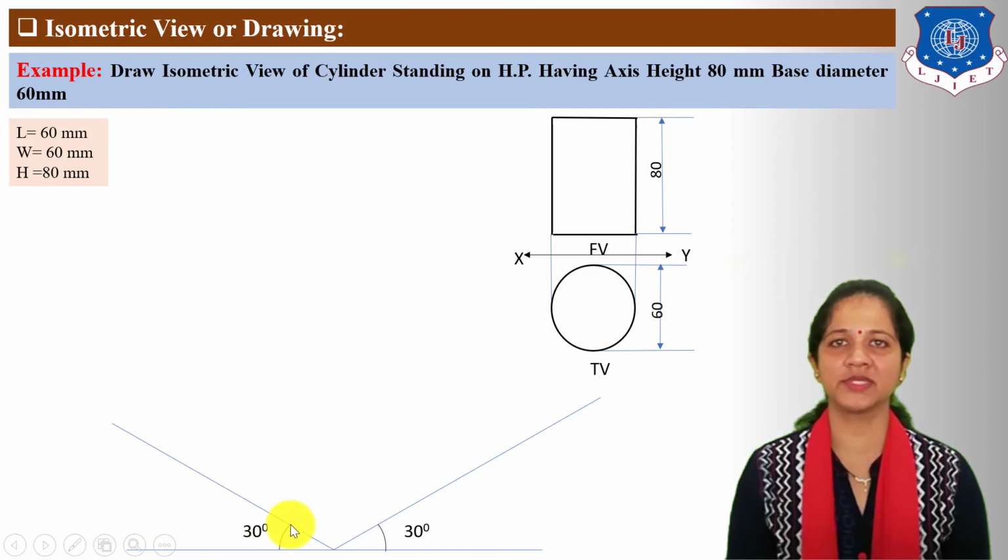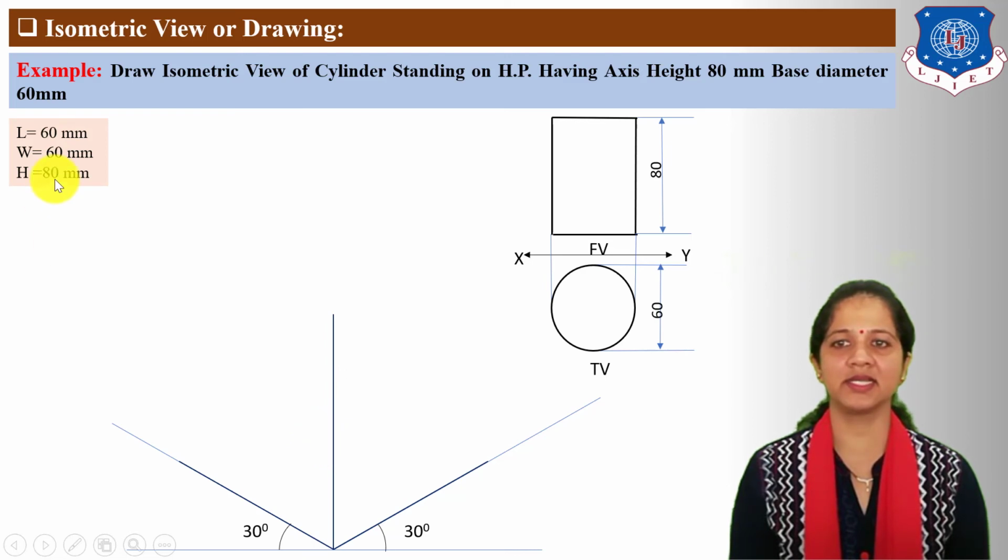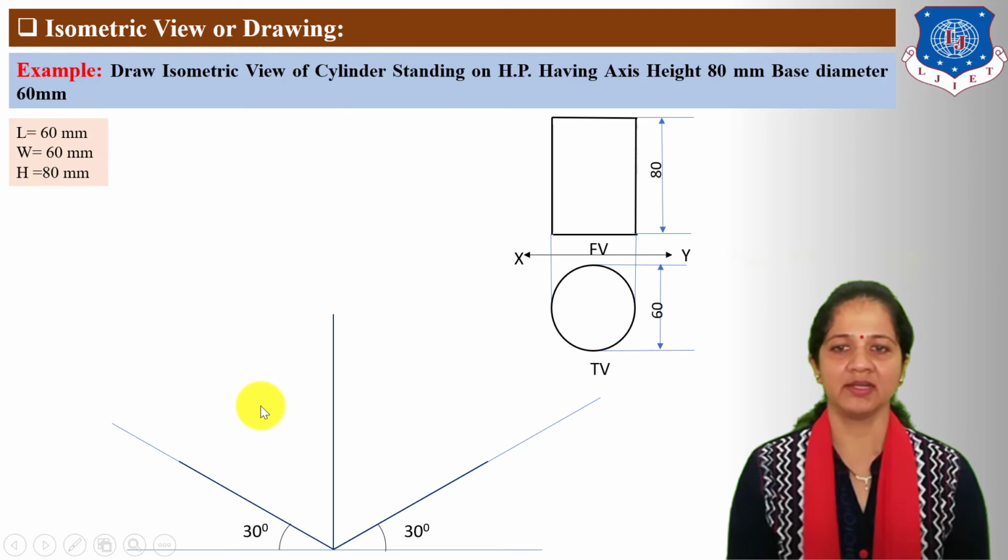The inclination of the z-axis from the horizontal reference line is also 30 degrees. On the x-axis, take the maximum length, which is 60 mm, and on the z-axis, take the maximum width, which is also 60 mm. Next, locate the y-axis, and on the y-axis, consider the maximum height, which is 80 mm.